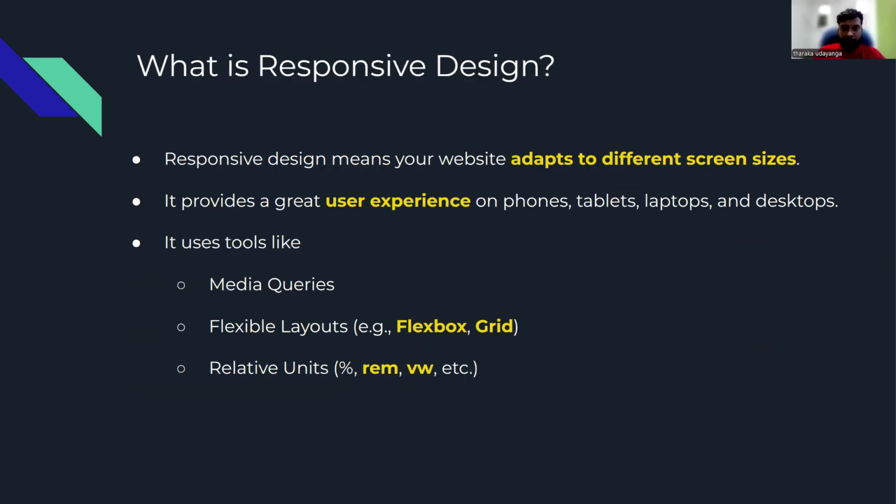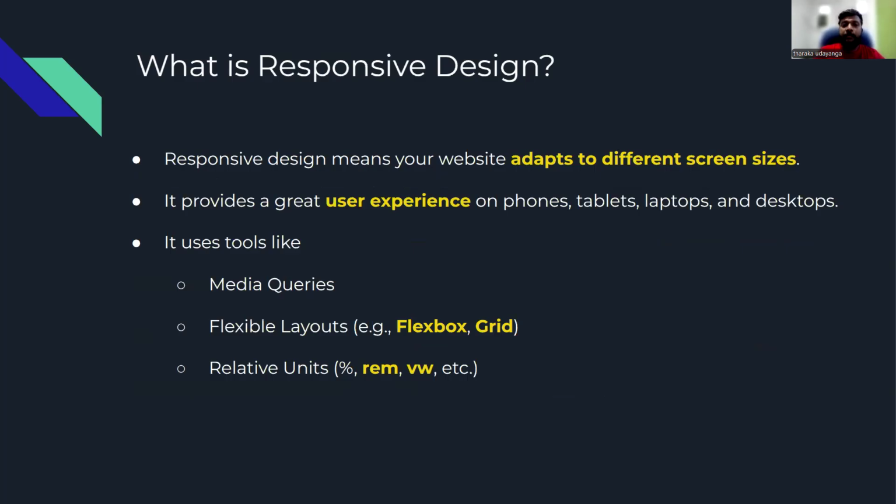Okay, now what is responsive design? Responsive design means the website adapts to different screen sizes. For example, what we see on the desktop is not the view we see in the mobile view. So we should build it so that it will work for every screen size. It should have a great experience on phones, tablets, laptops, desktops, everything.